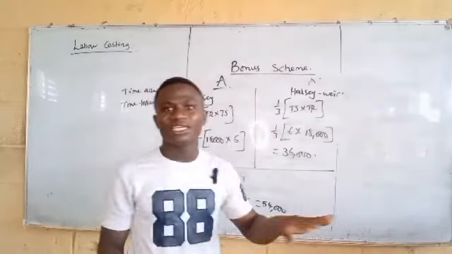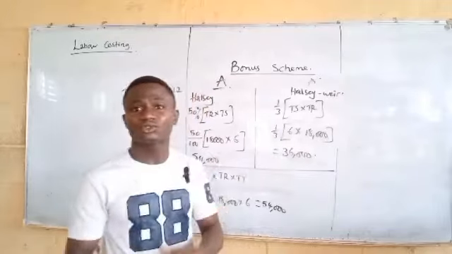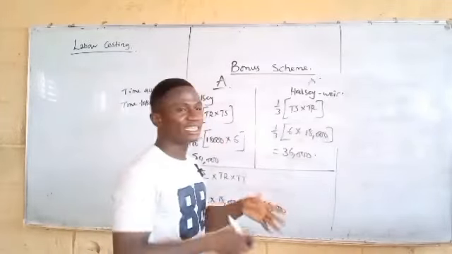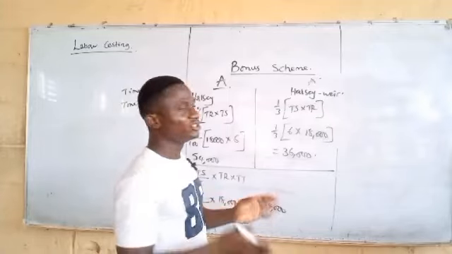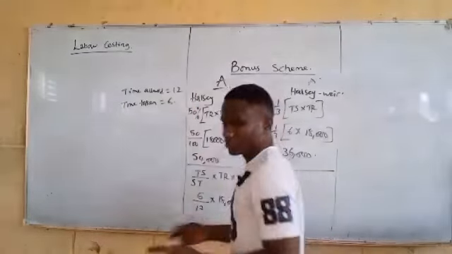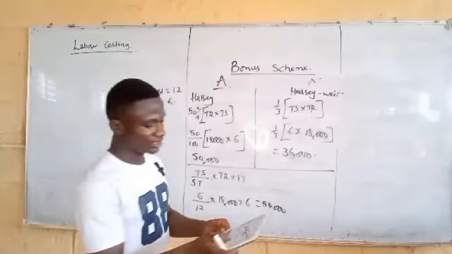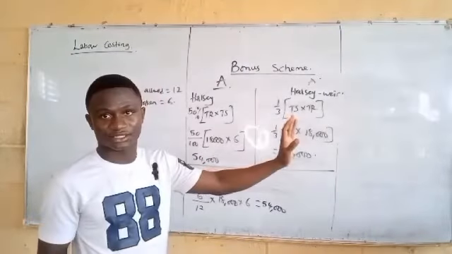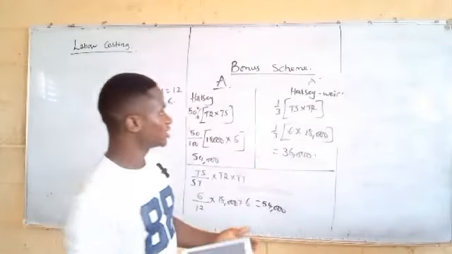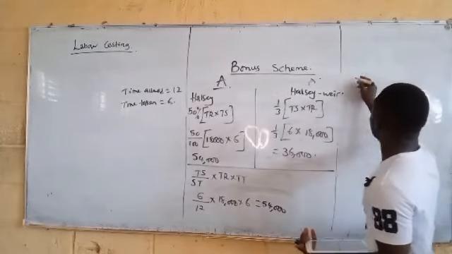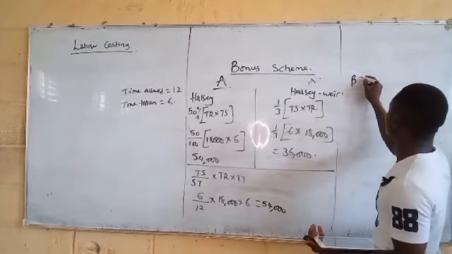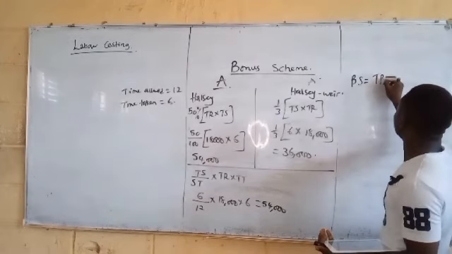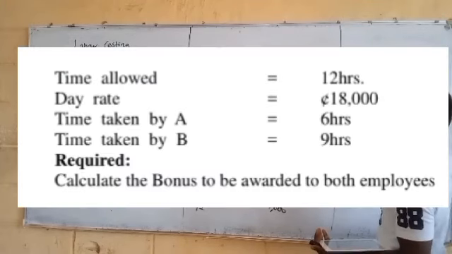So this is a bonus under it. This is not a salary. If they ask you what will be A's basic pay, that means what will be the salary. Don't forget that in this question, you should know that this is the time rate method of calculation. So under time rate, the basic salary is simply equal to time rate times time taken.